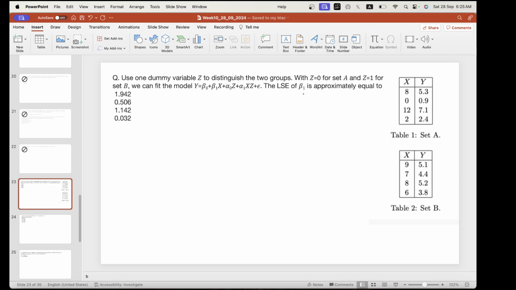The LSE of beta 1 is approximately equal to how much? Okay, so then what should we do? This is our model.